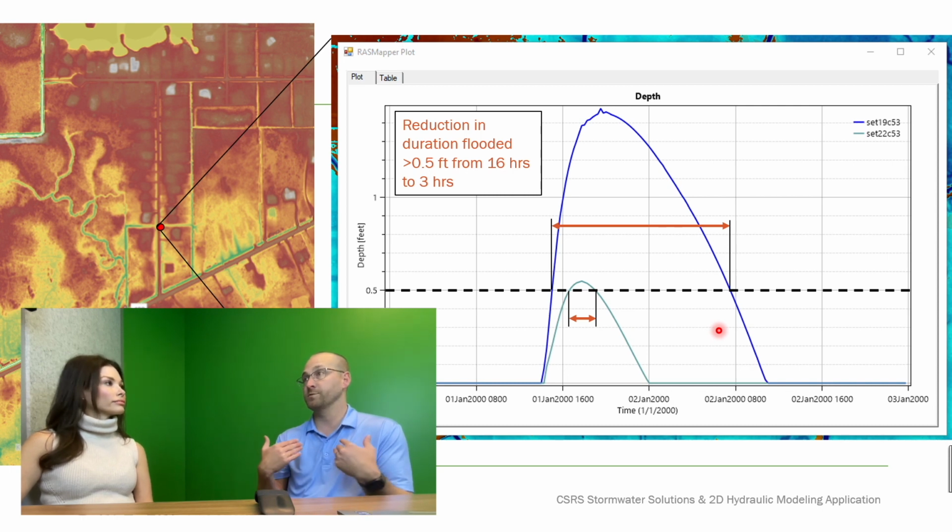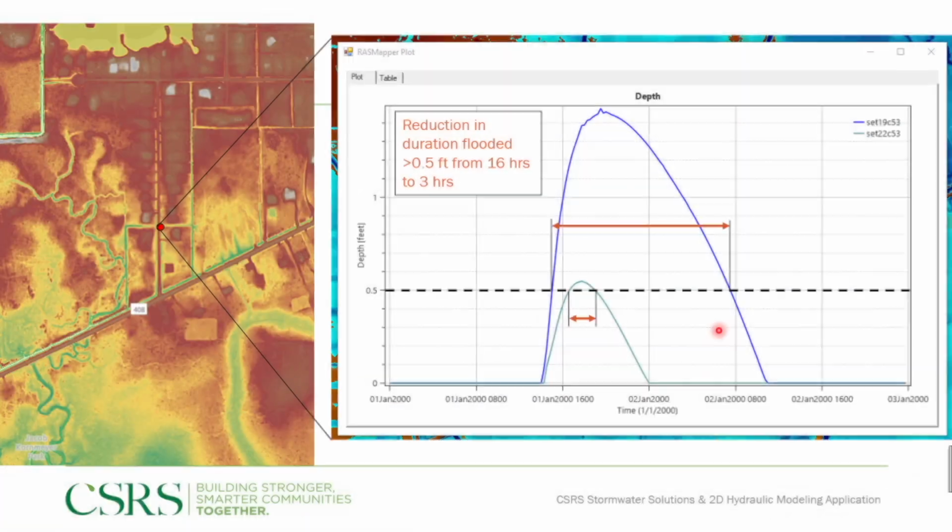Number two, emergency response, having to get in and help anybody that needs help. So that's just a little bit about the hydraulic models and how they are better at estimating flood risk, and a little bit about the communication of that flood risk.